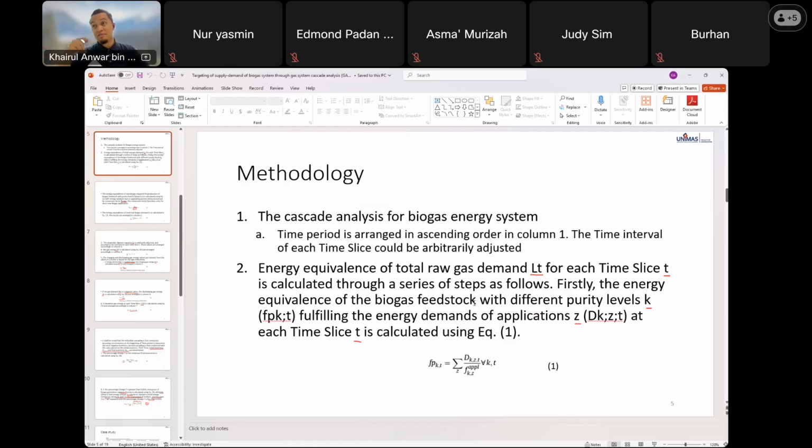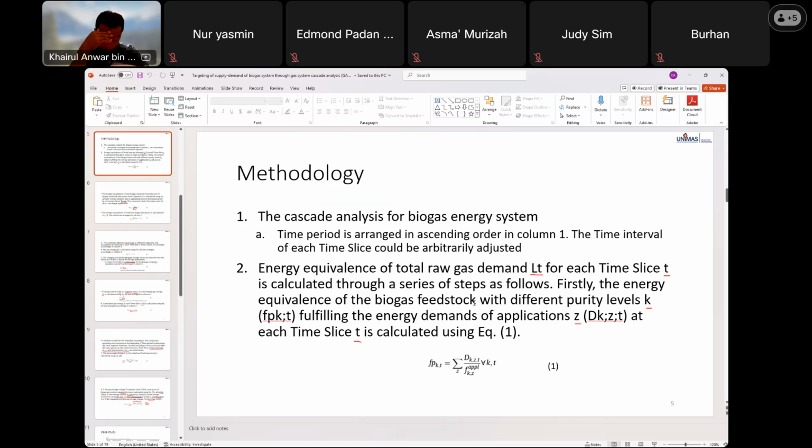In this case, for this paper, it should be demand from the electricity, from the cooking gas, and the NGV. But if you refer to table 3, there is no value for the demand other than electricity.